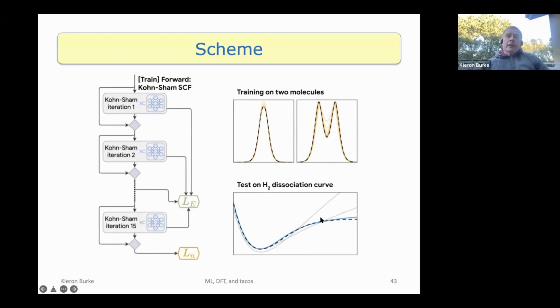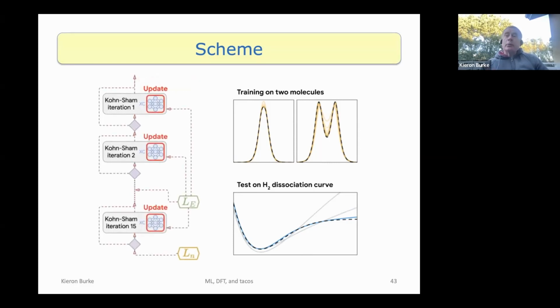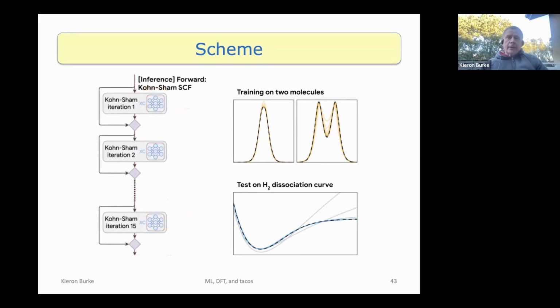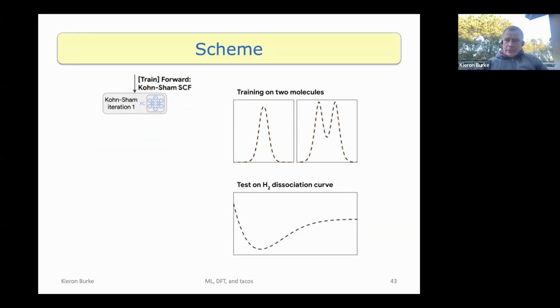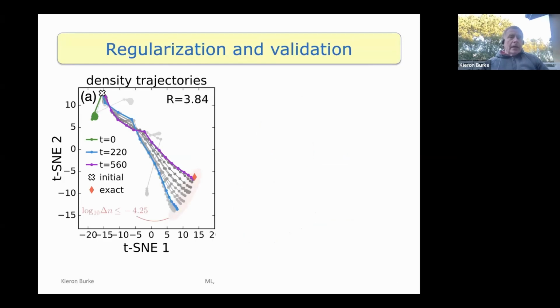Now we need also a validation point, because we have to be able to stop it, or else it will overfit the density and give you a bad result. Okay, and so this is a way of representing these densities, and so what it does is at t equals 0 at the start, it has a very bad functional, and you do a bunch of Kohn-Sham calculations, but then it learns from that, and then here it does a much better one.